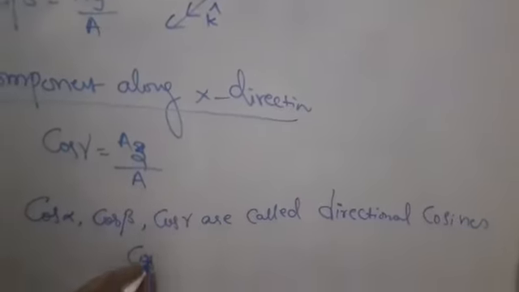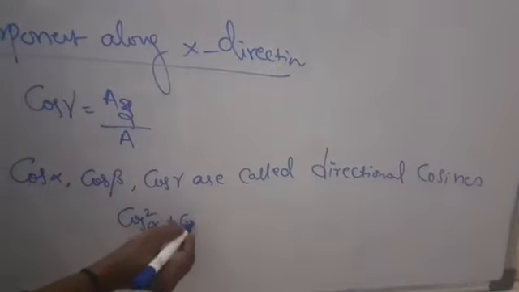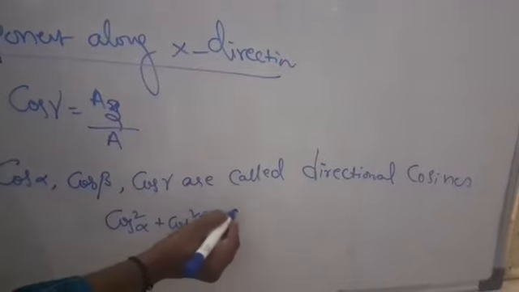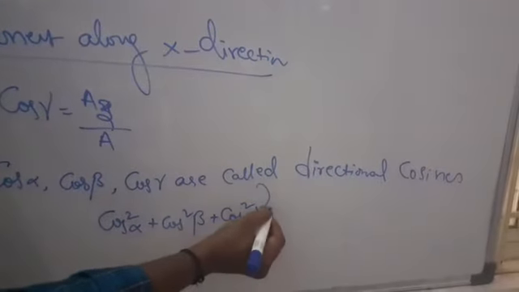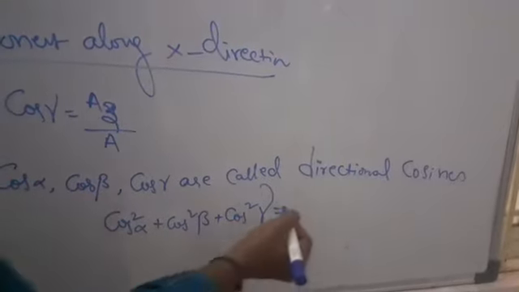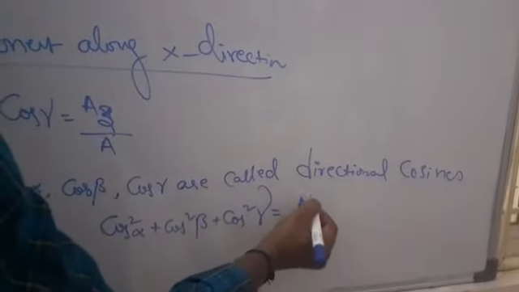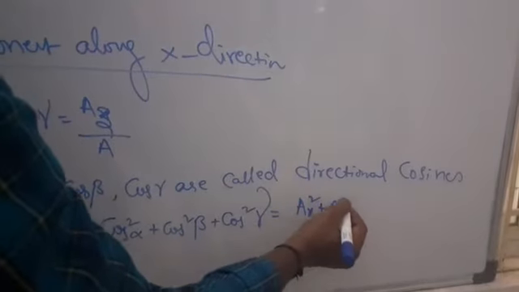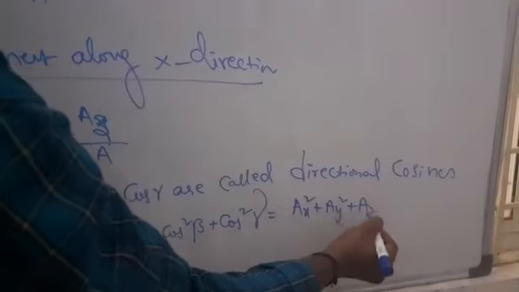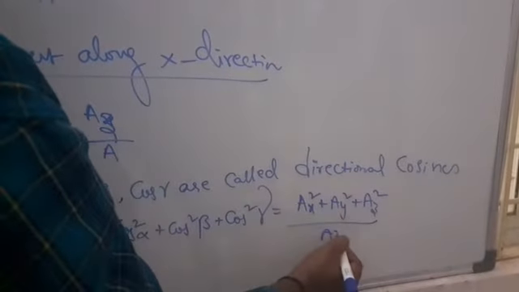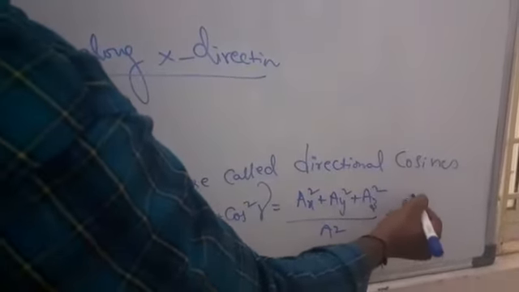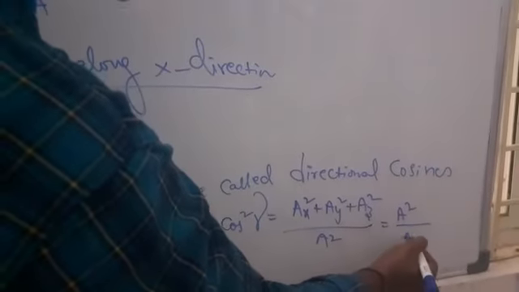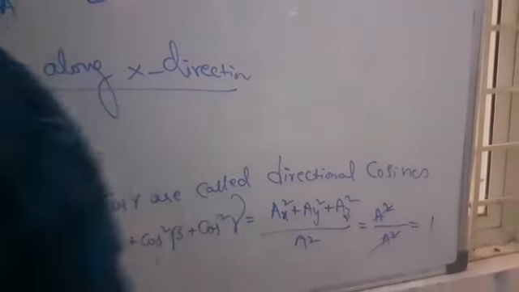The rule is cos square alpha plus cos square beta plus cos square gamma is equal to ax square plus ay square plus az square divided by a square. Here you can write this as a square by a square, that is equal to 1.